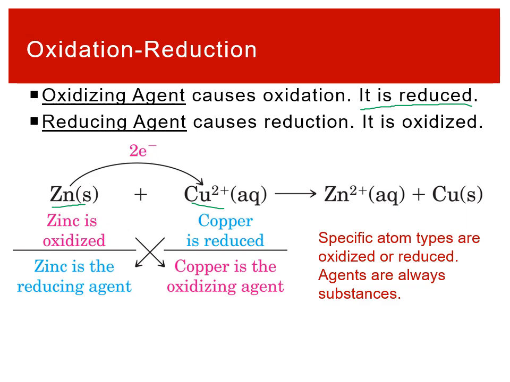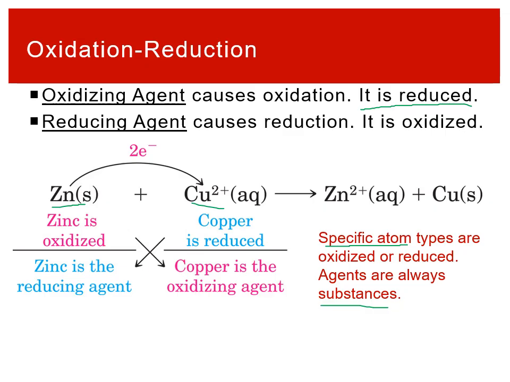When we're defining these things, when we say something is oxidized or reduced, that's going to be a specific atom type. So carbon, hydrogen, oxygen, copper, zinc, whatever it is. Oxidizing agents are always substances. So something about the substance, some sort of information about what you're using.